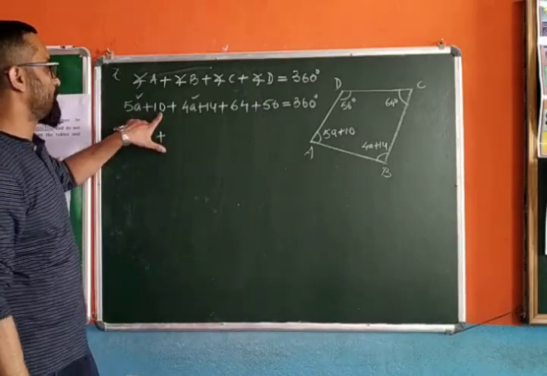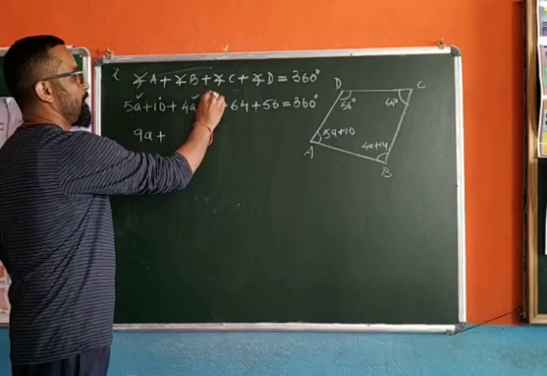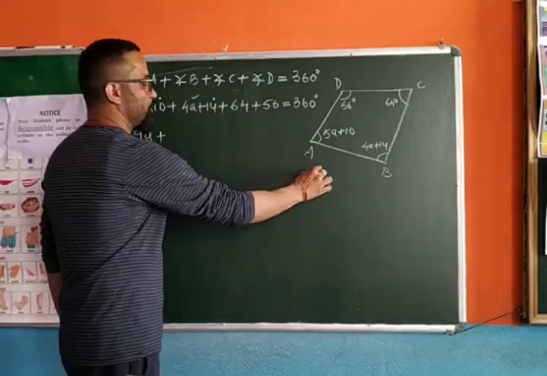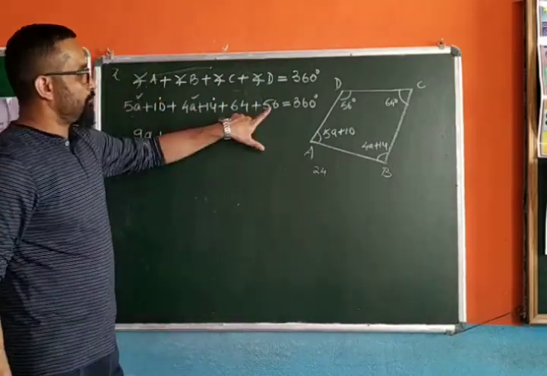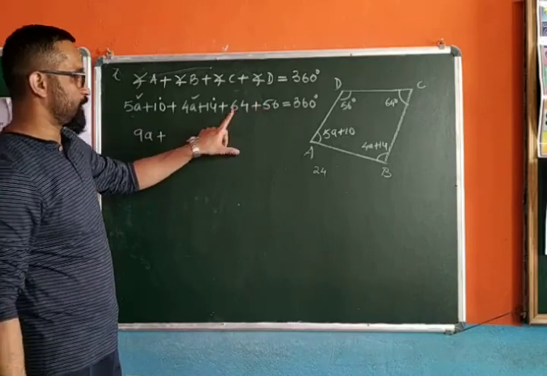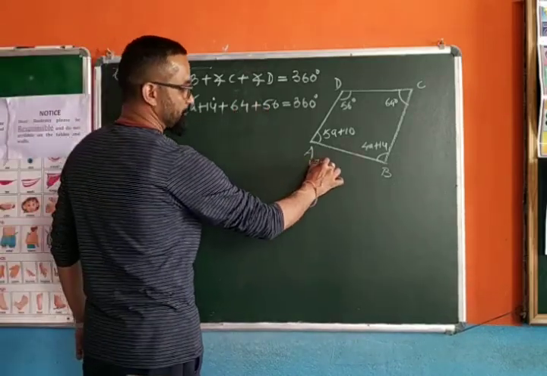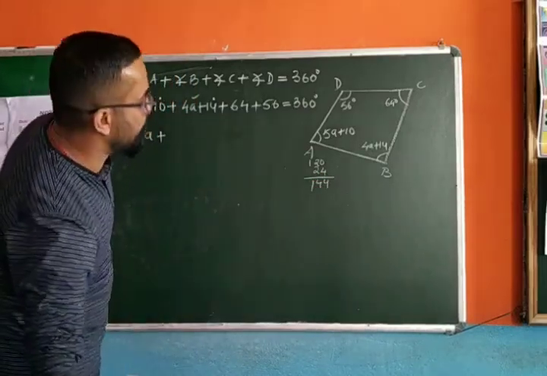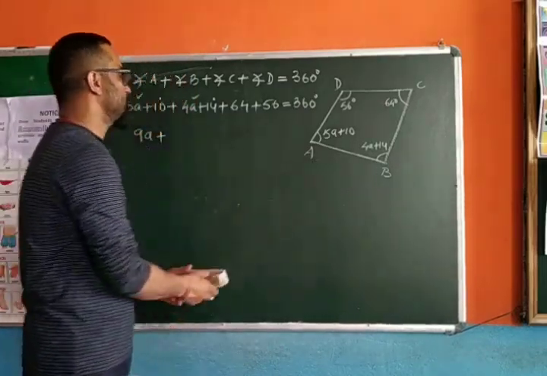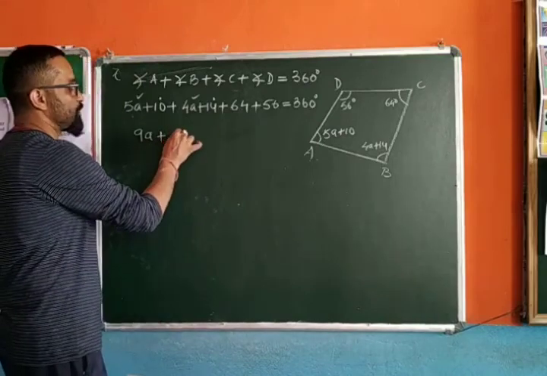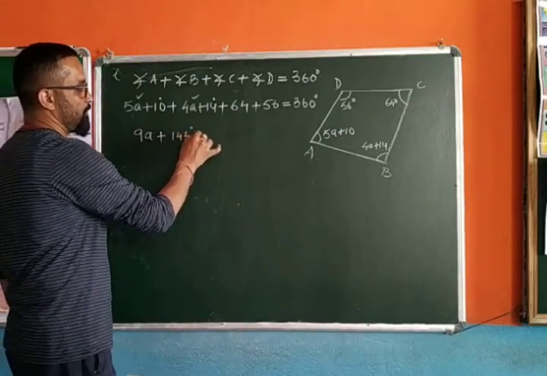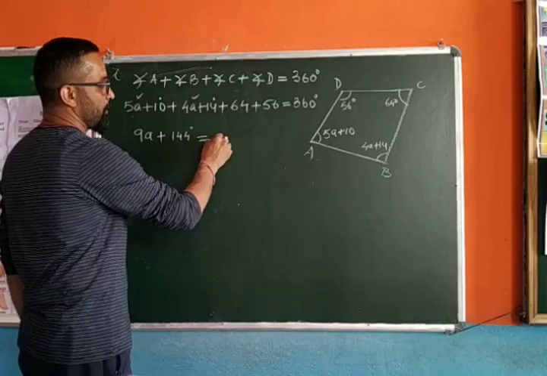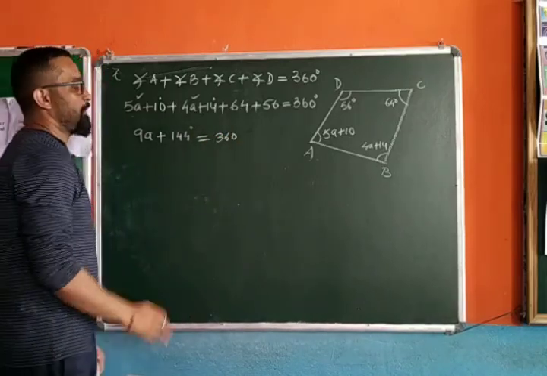Add these numbers: 10 and 14 is 24, 56 and 64 is 120, so 144. So we have added the values of all the numbers, which is equal to 144 degrees, equal to 360.